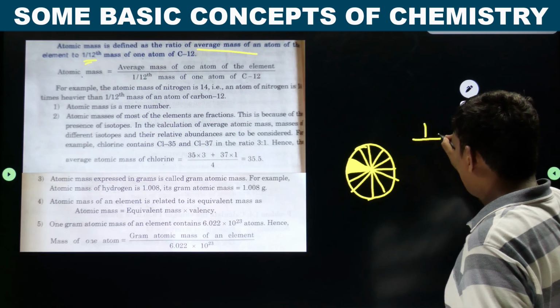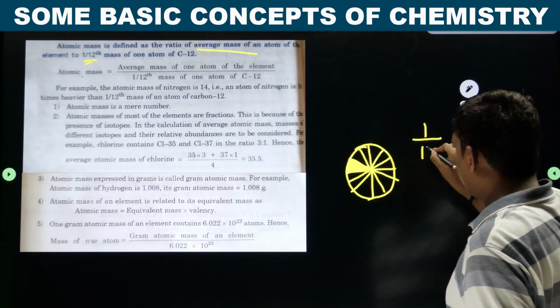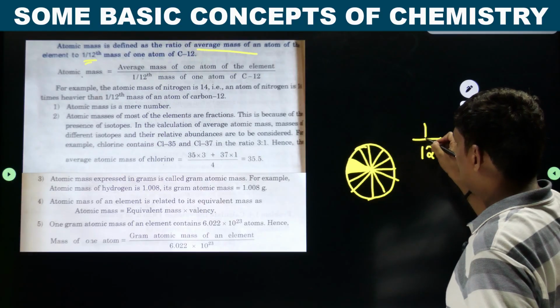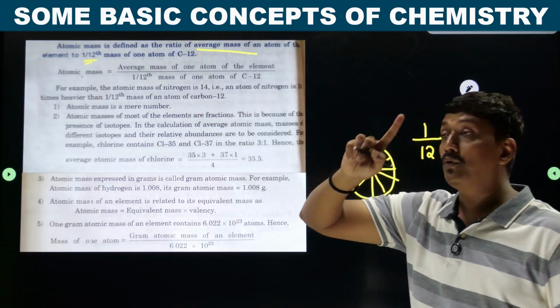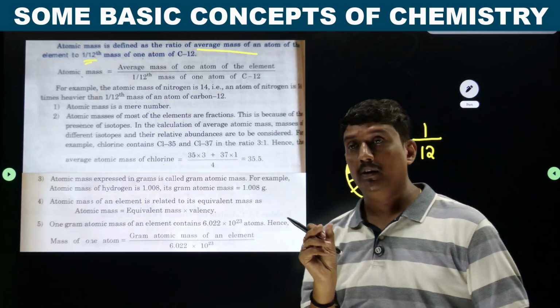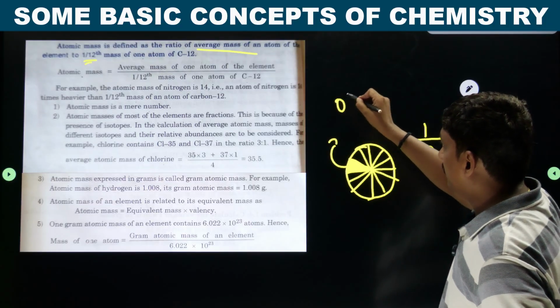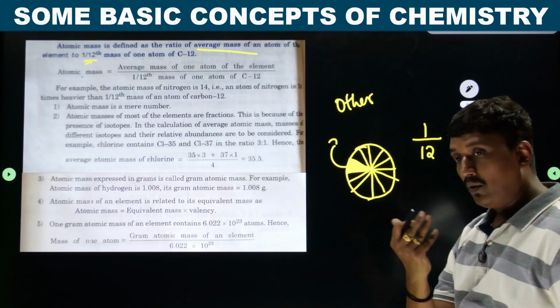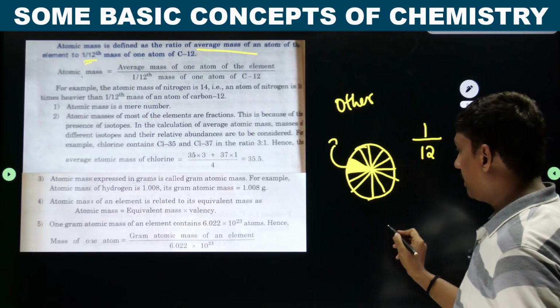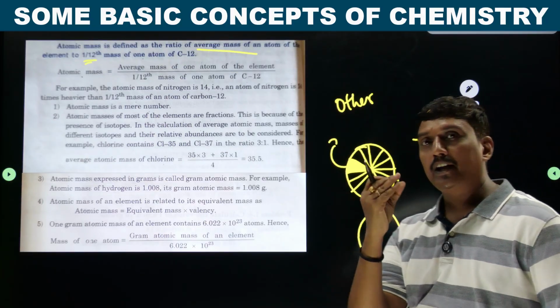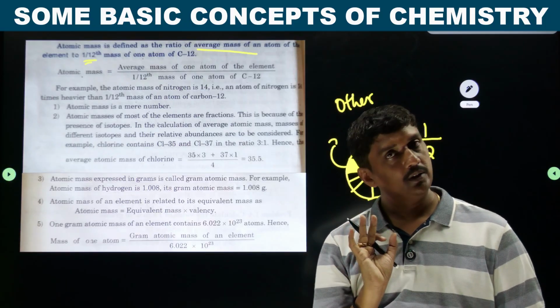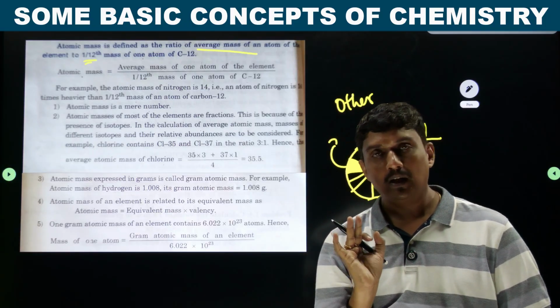So you are calculating one part out of 12. This is 1/12th the mass of one atom of carbon. You are comparing this mass with others. For example, take nitrogen. The nitrogen atom consists of a nucleus.